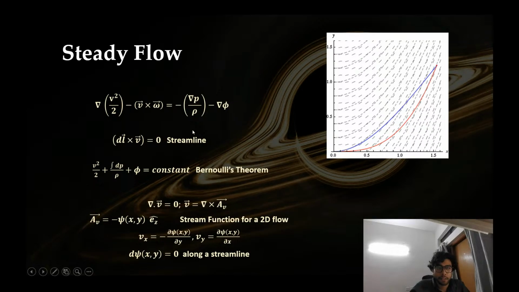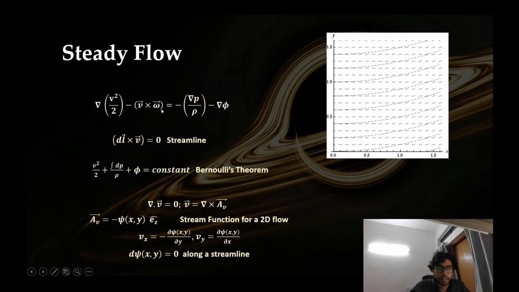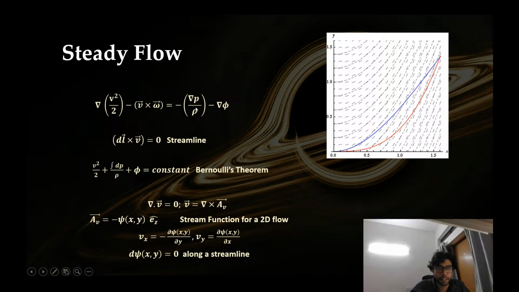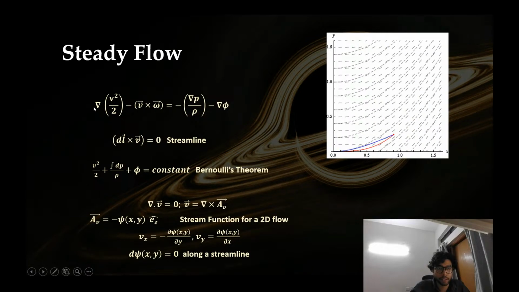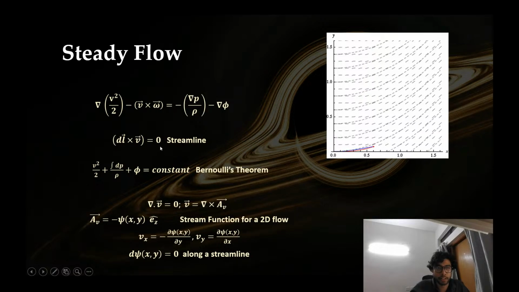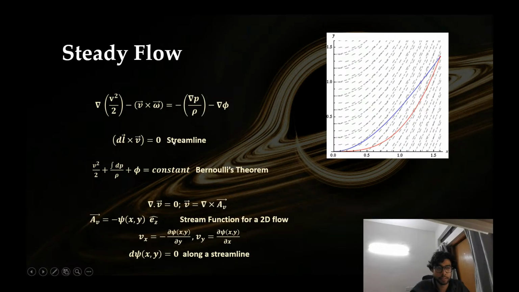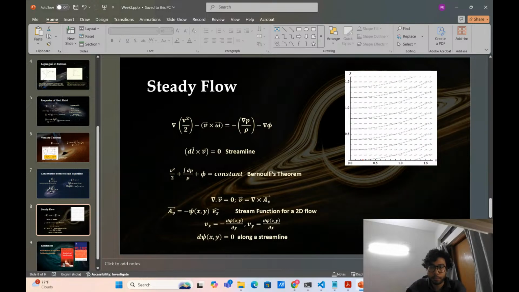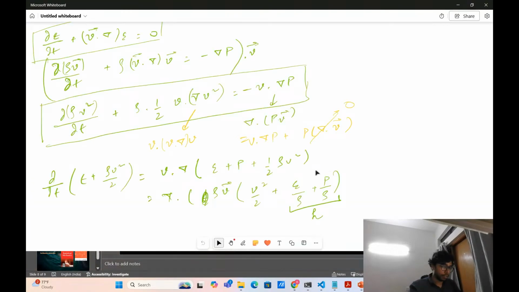Now, what you will do is gather the terms with gradient together, and basically do a dot dL of those terms. So let me go back to the notebook. Maybe we can do it here.